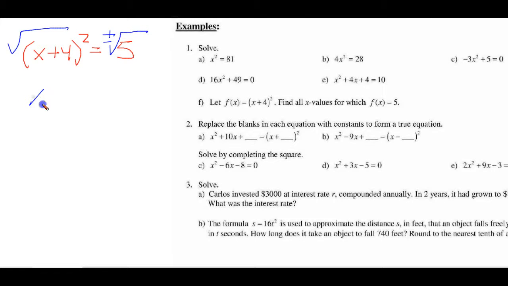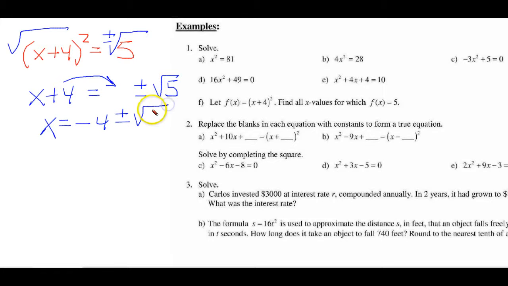So this becomes x plus 4 equals plus or minus the square root of 5. We're just going to transpose the 4. We get x equals negative 4 plus or minus the square root of 5. Wow. Now we're going to use this technique in our next part of our lesson here.